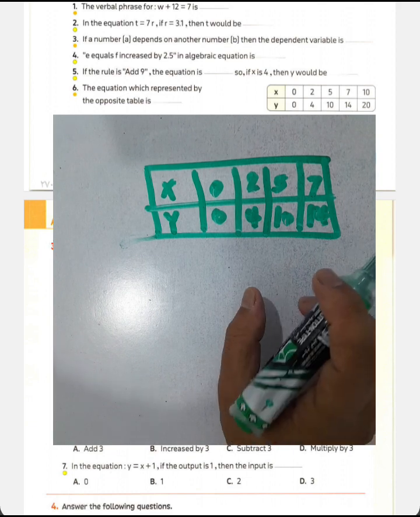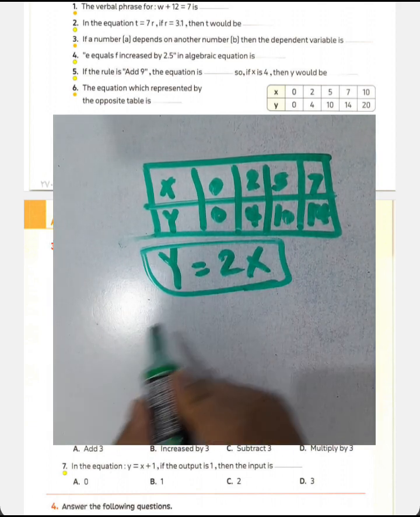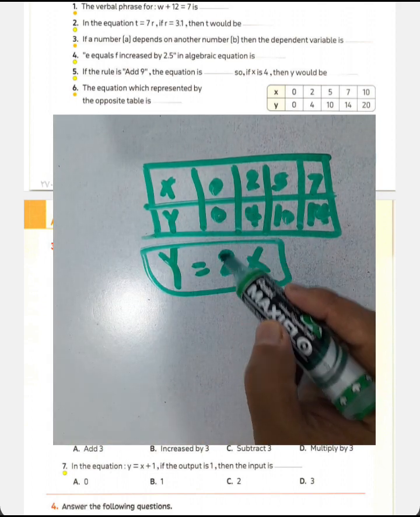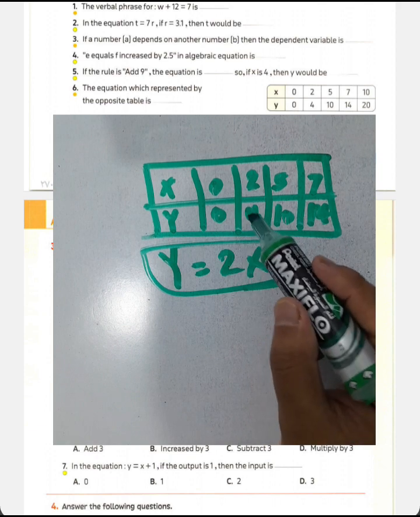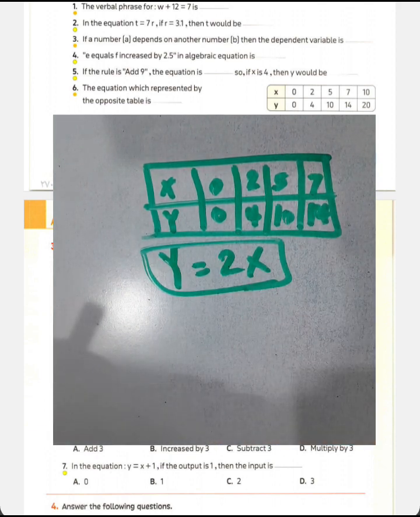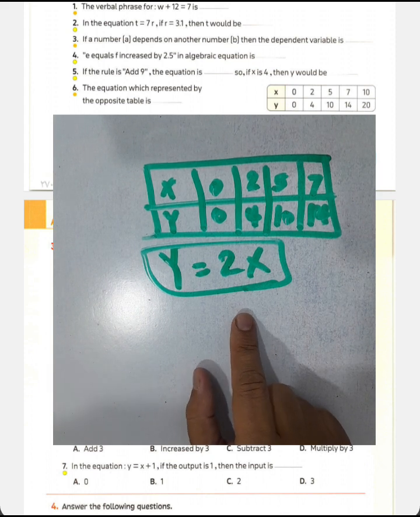This is the rule here: twice. y equals twice x, it will be 2x. It's the equation or the rule that refers to this table. 0 times 2 equals 0, 2 times 2 equals 4, 2 times 5 equals 10, 2 times 7 equals 14. Okay, it's question number 6. In this example, you can write y equals 2x.